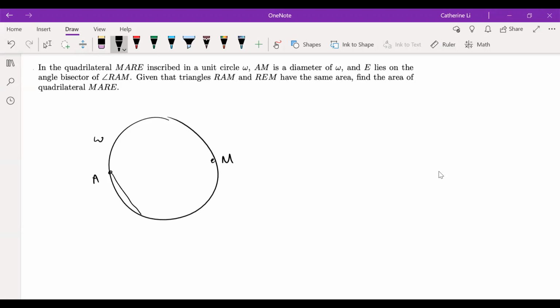So if we put R somewhere here, then E has to be on the angle bisector. And we're also given that triangles RAM and REM have the same area. And from this, we want to find the area of MARE.